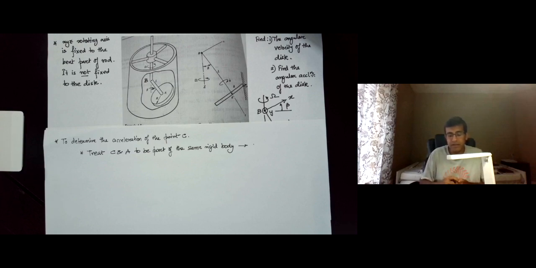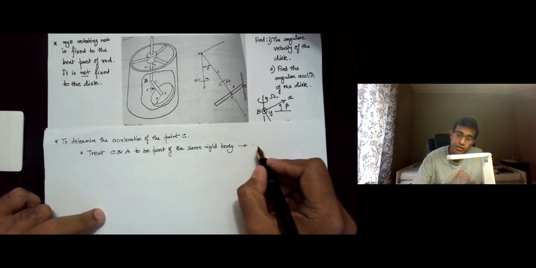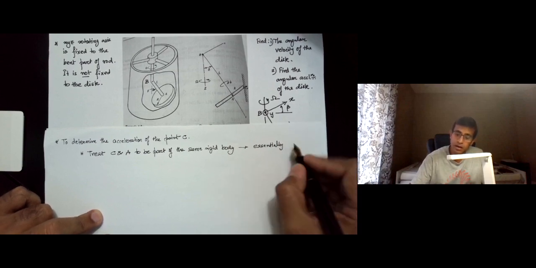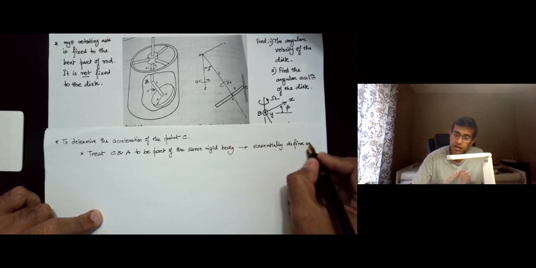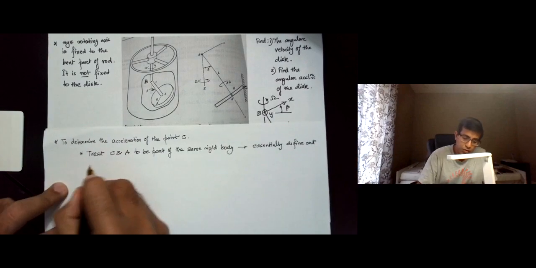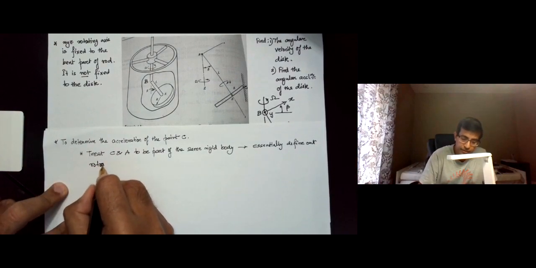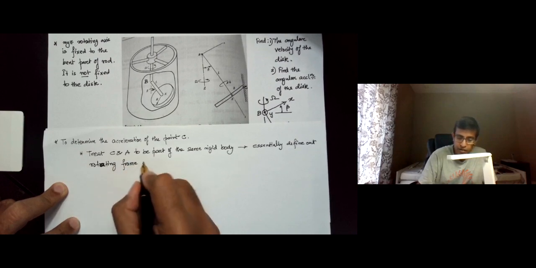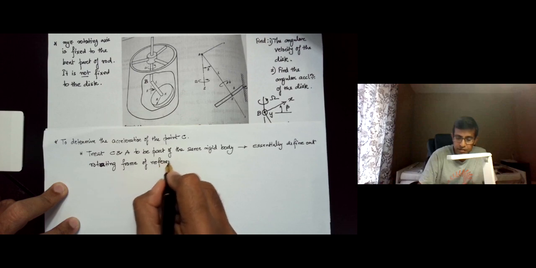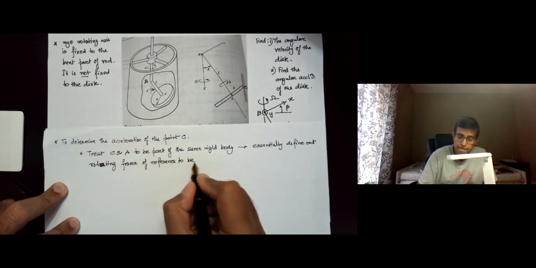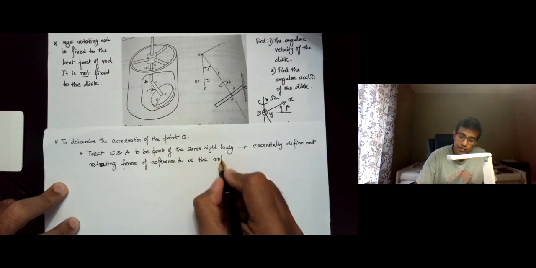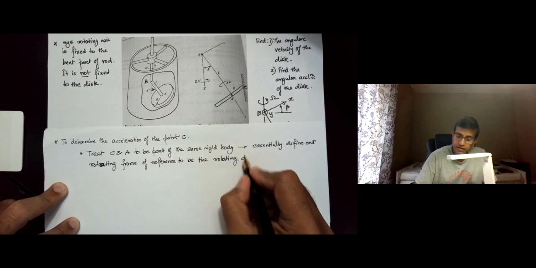But first, let us start by treating C and A to be part of the same rigid body, and essentially what we are doing is to define our rotating frame of reference to be the rotating disk.